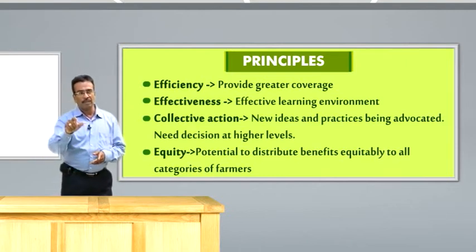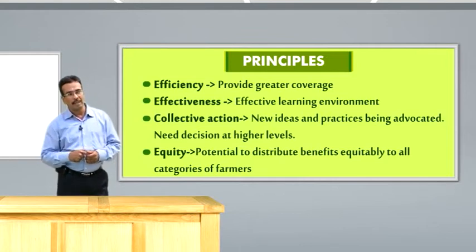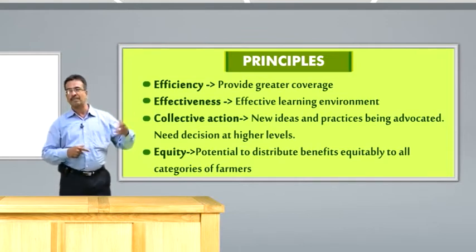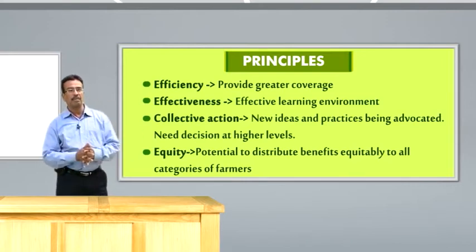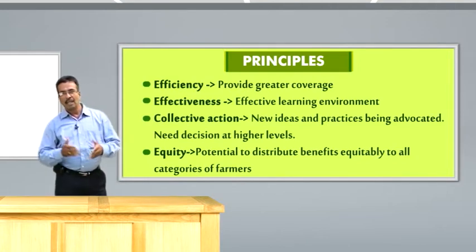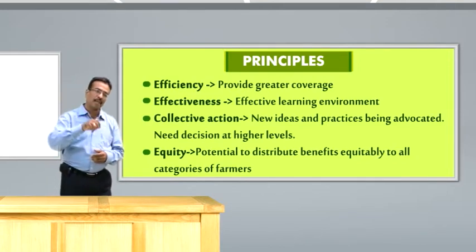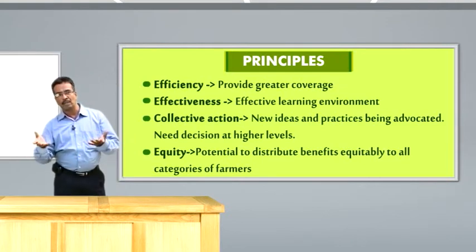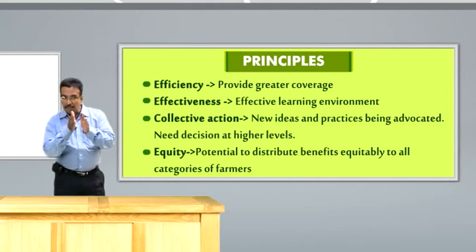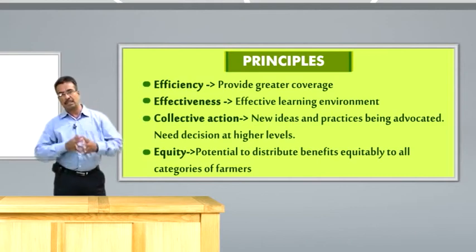How much time will it take, and what efficiency would an extension worker have to meet all the farmers individually? It will take a lot of time. But if you call all the people cultivating rice to assemble, forming a group, and disseminate information to this group, naturally the efficiency will be more. The message reaches all 100 simultaneously.